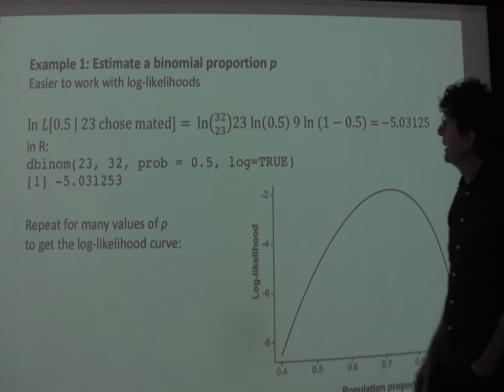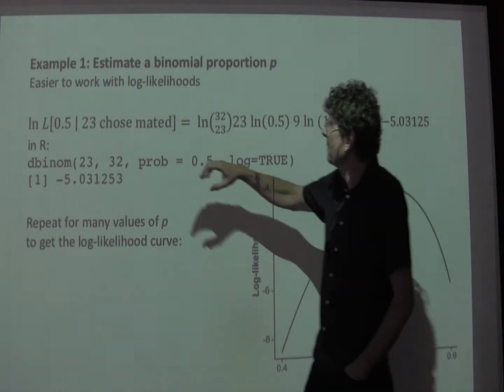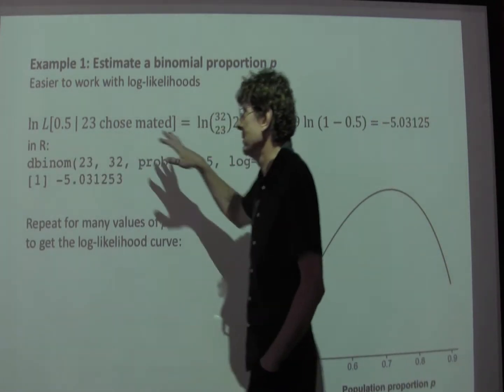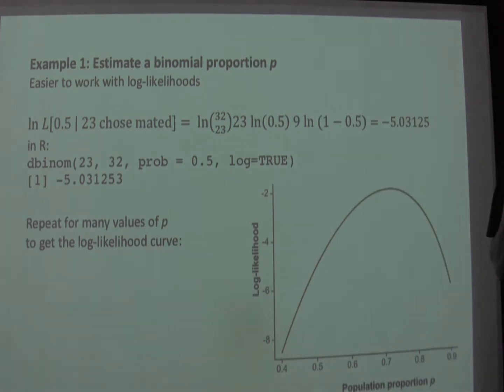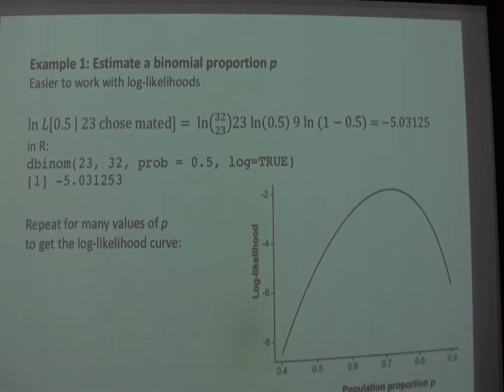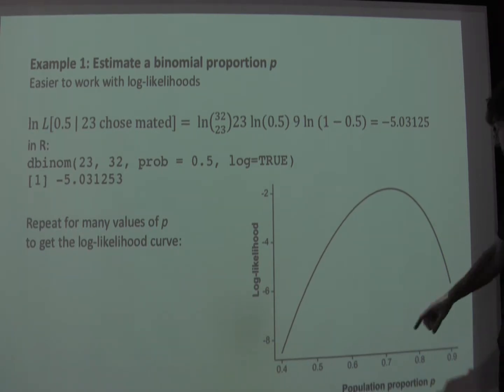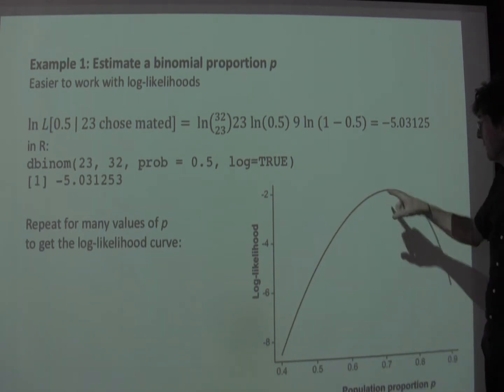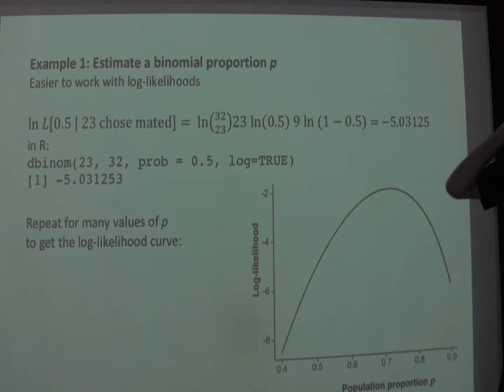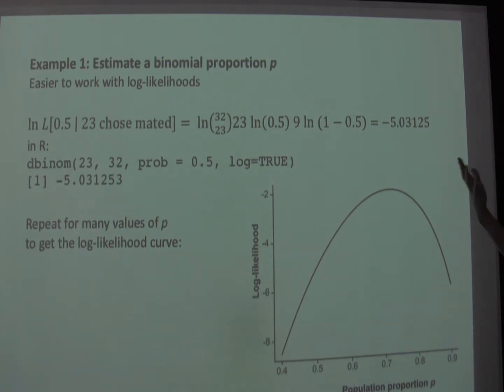These likelihoods can get pretty small, so the way forward is usually to take the logarithm of the likelihood. What the likelihood method does is it tries to find the value of p that maximizes the likelihood. And if you maximize the log likelihood, you're also maximizing the likelihood.